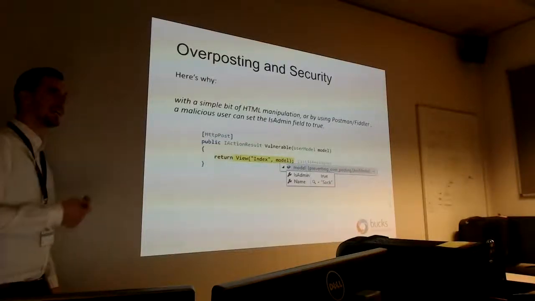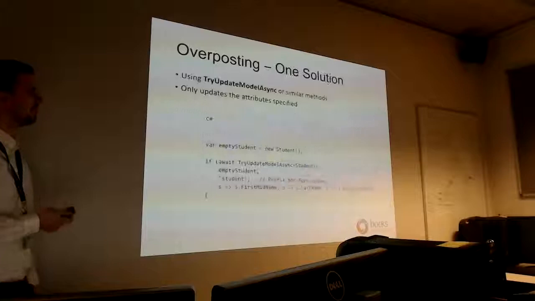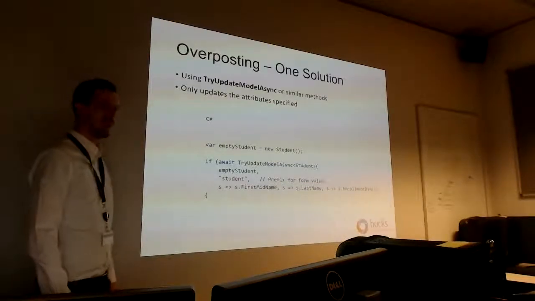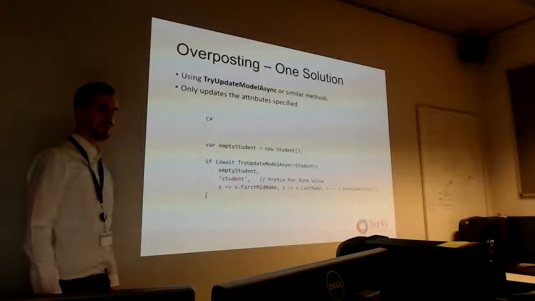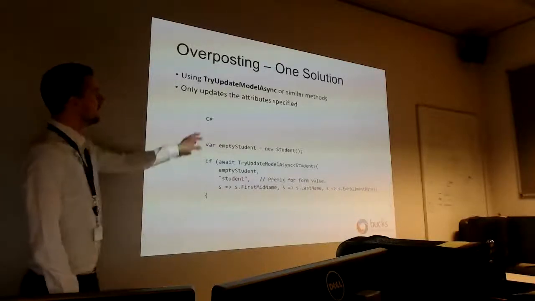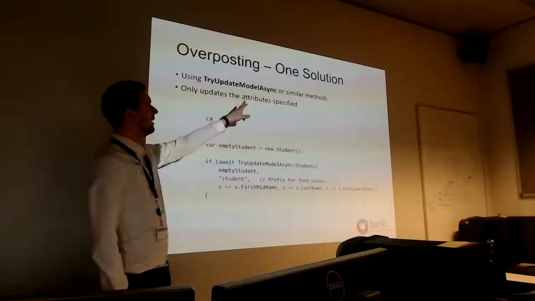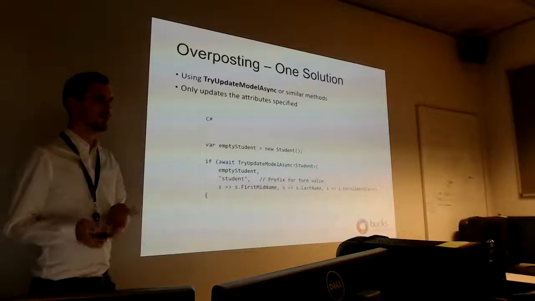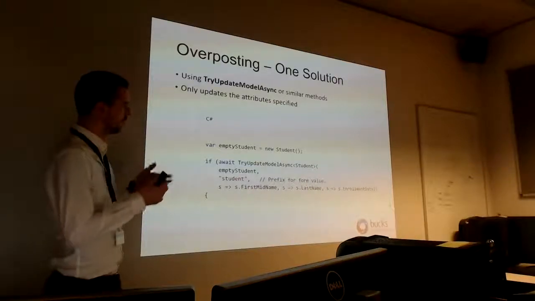So how do we fix that? Well, there's a few different ways, but the way that I think is standard in our tutorial is that we use this TryUpdateModelAsync method. That's a method that says try to update the model based on what we've got.